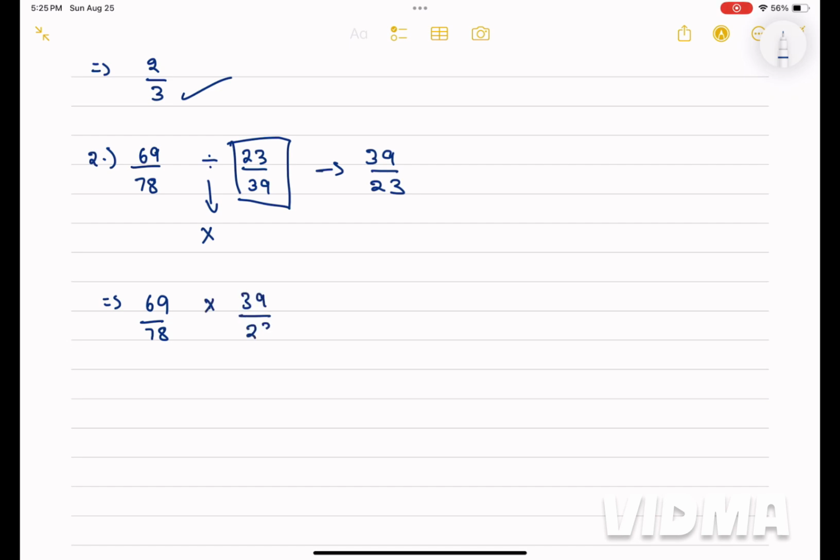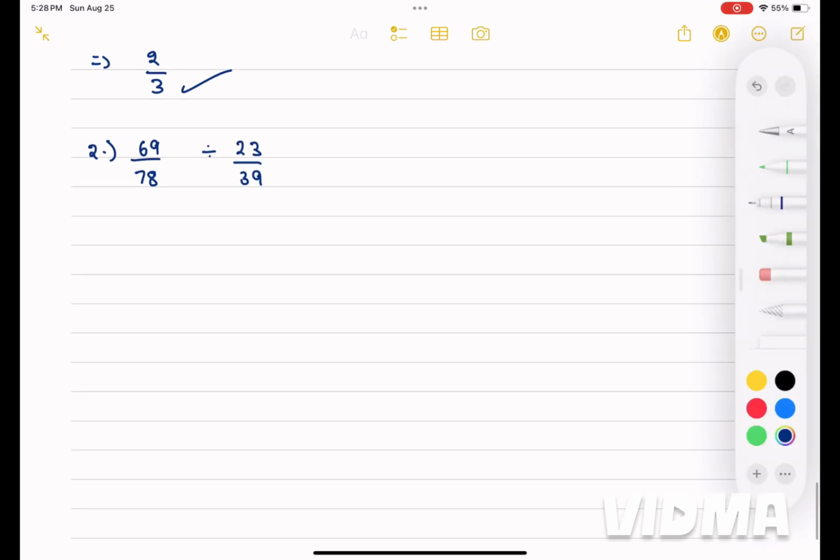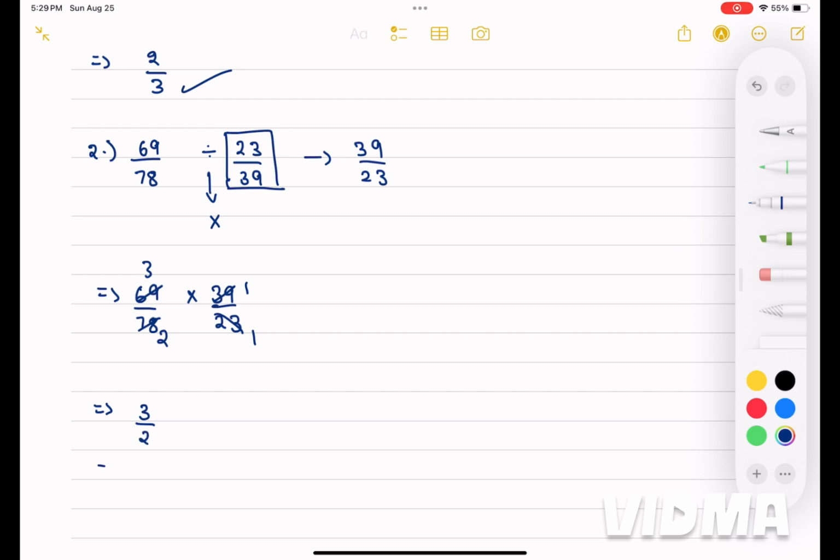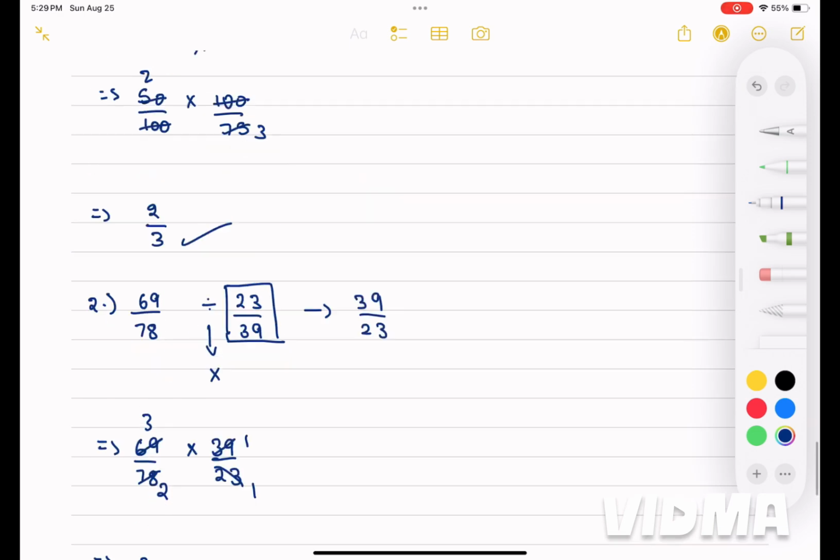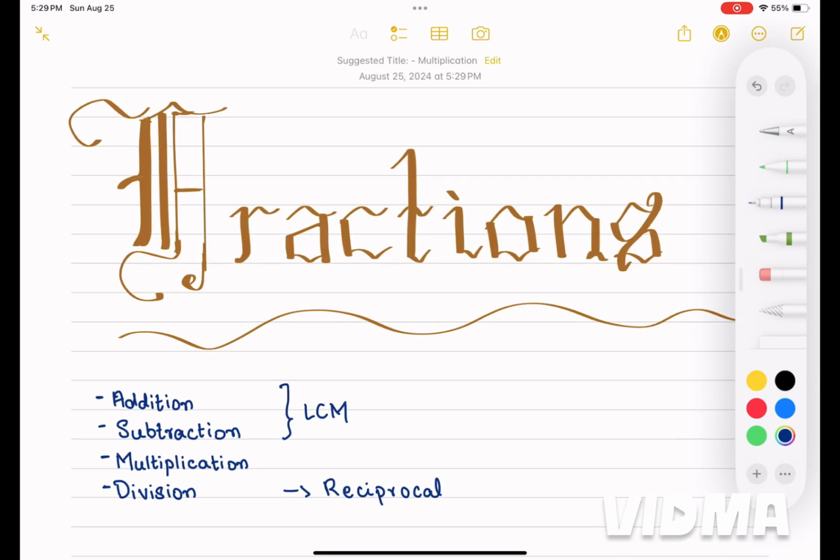Once the sign changes, you simply cross multiply, simplify, and you'll have your answer. There you go, fractions and arithmetic operations done.